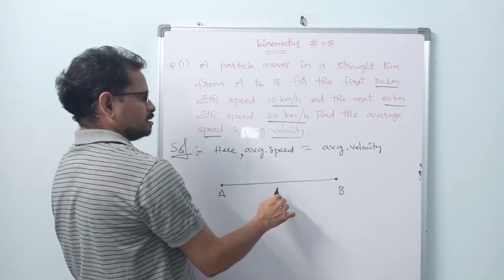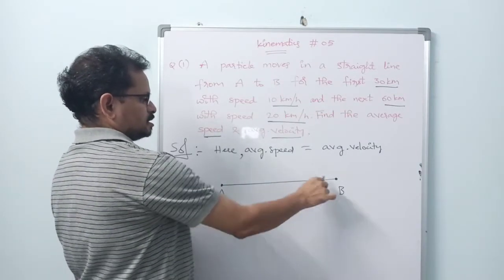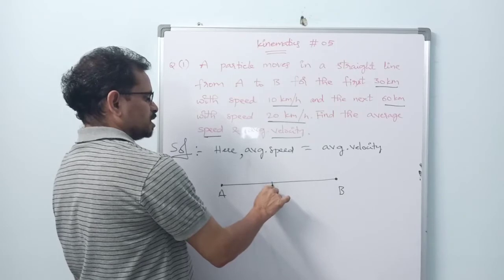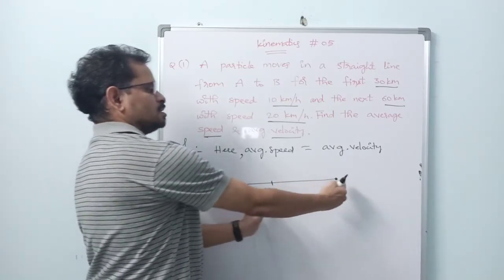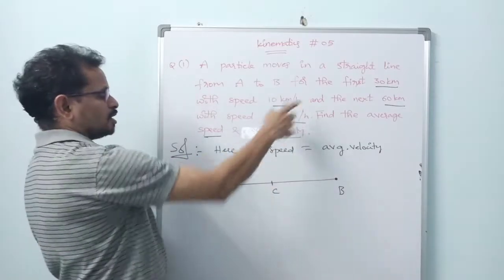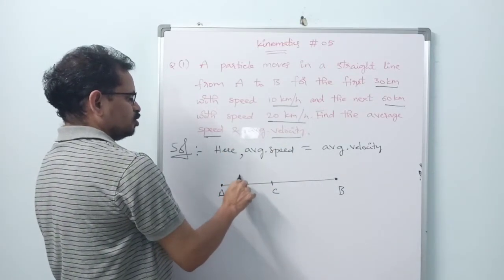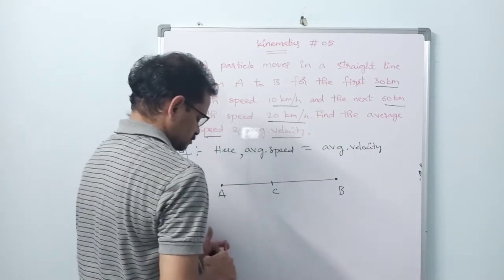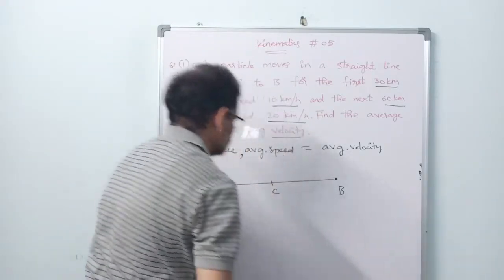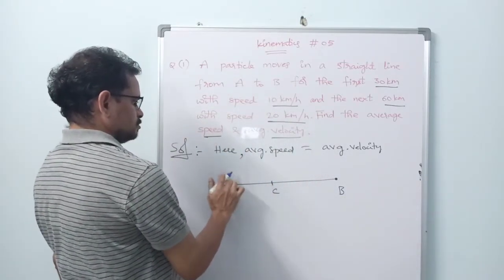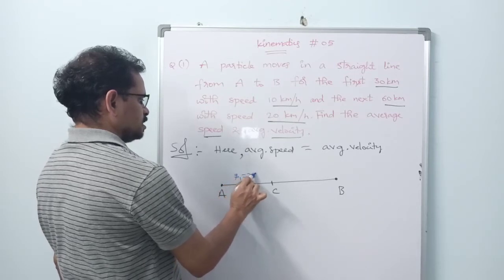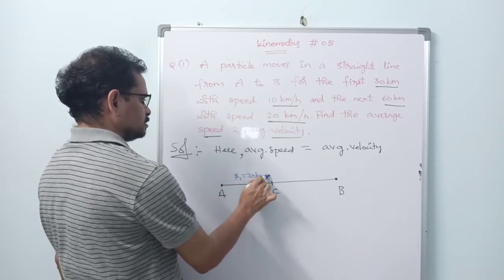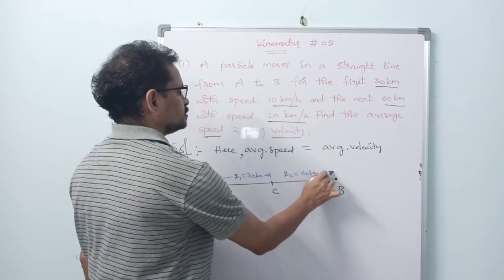So what does it mean? The journey is partitioned into two parts. Let us take one more point here, C. So A to C is one part, C to B is another part. This is 30 kilometers, S1 equal to 30 kilometers, and S2 is 60 kilometers.